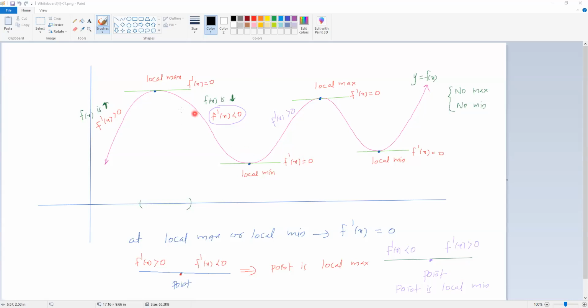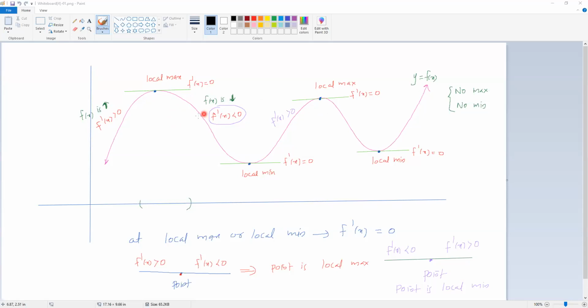So the question is how to find the local maximum and local minimum. At the point of local maximum or local minimum, if you draw the tangent, it will be horizontal, so the slope is equal to 0. The slope of the tangent is nothing but the derivative, so the derivative is equal to 0.